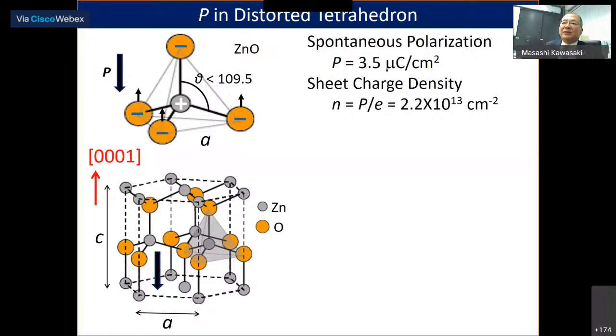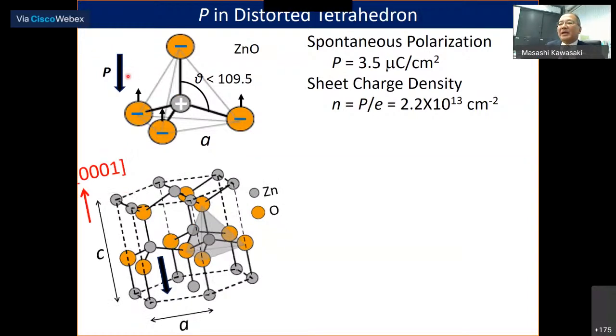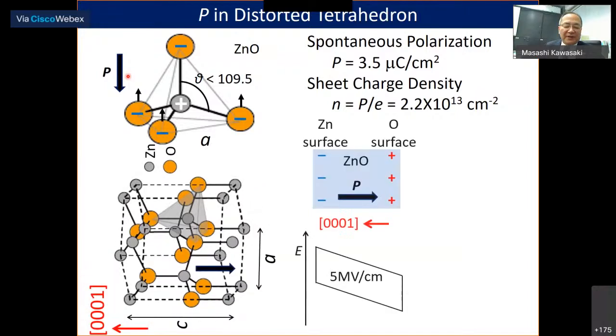So this has not only broken inversion symmetry, but also spontaneous polarization. Along the c-axis of wurtzite, you have electronic polarization. If you take a thin film, heterostructure or substrate, there must be polarization inside the crystal wafer.